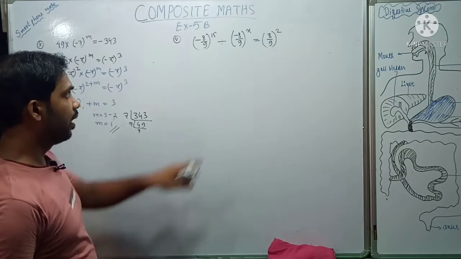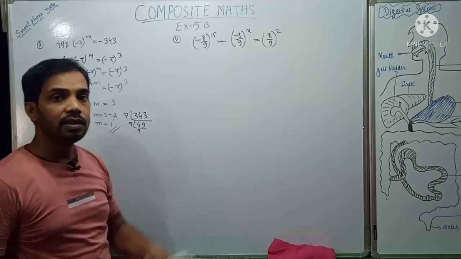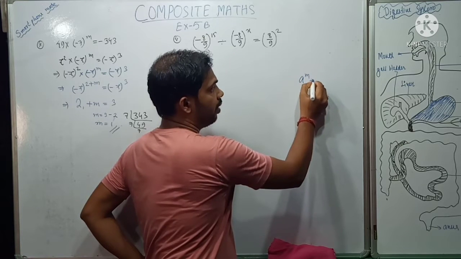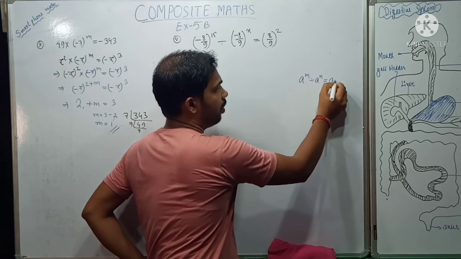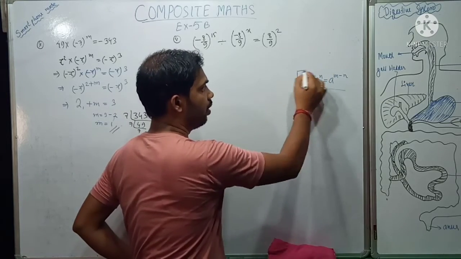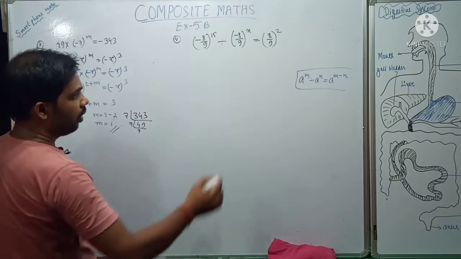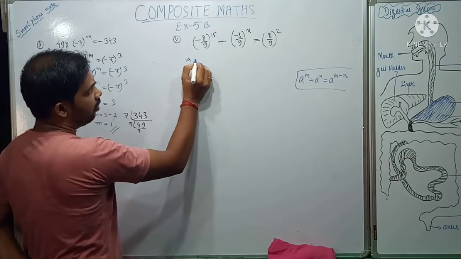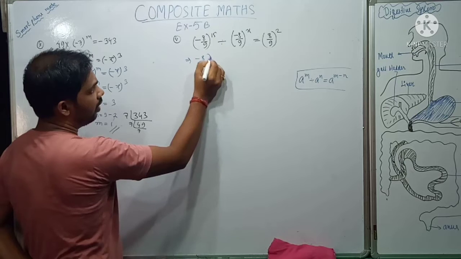Now this one, you see, here there is a minus sign and here a minus sign. So the bases are the same, and when divided, then powers are subtracted. You remember this formula: a power m divided by a power n is equal to a power m minus n. This is the formula you should remember. So we will apply it here. You just take this one as a, so it will be minus 8 whole power 9.